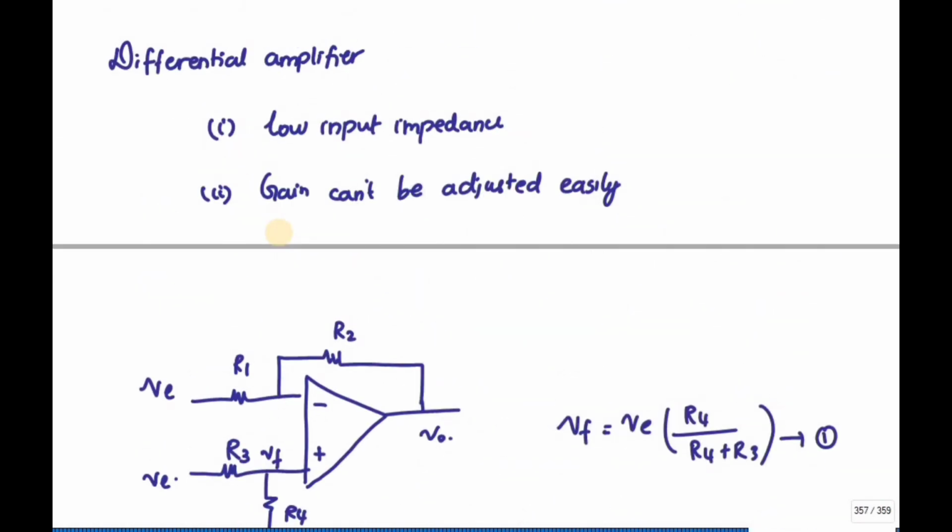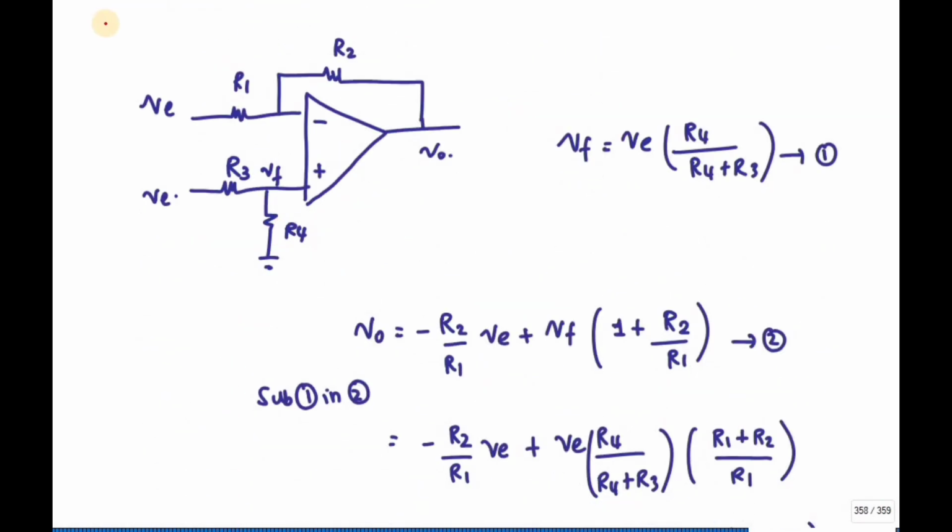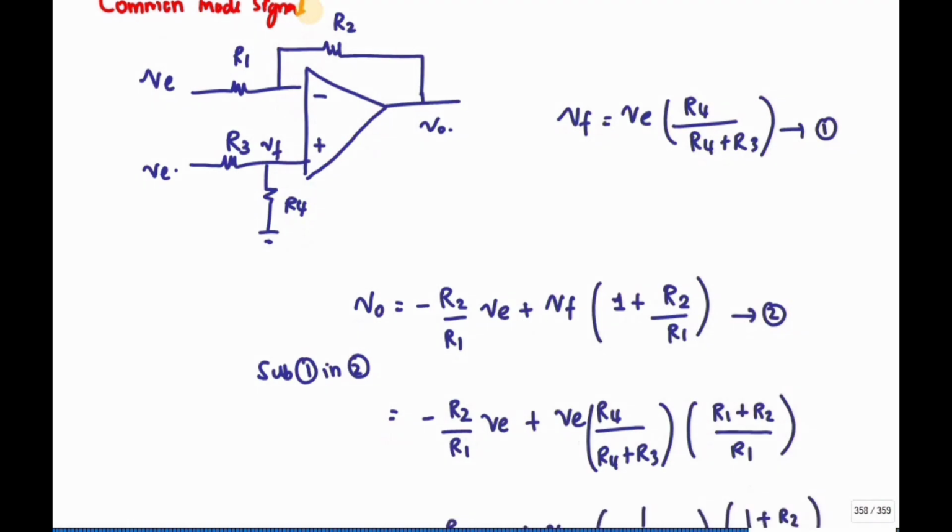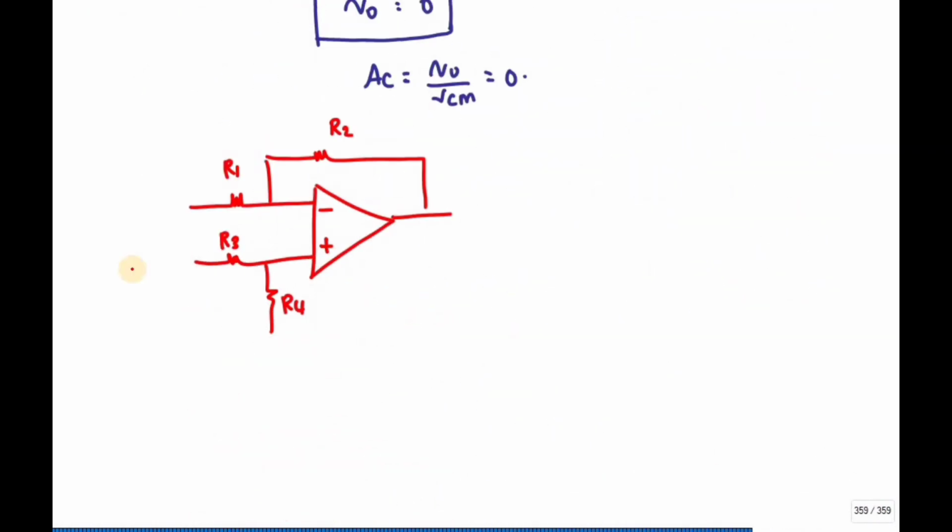This is for the common mode signal, and this is for the differential signal. For the differential signal I apply VD here and 0 to the other input.